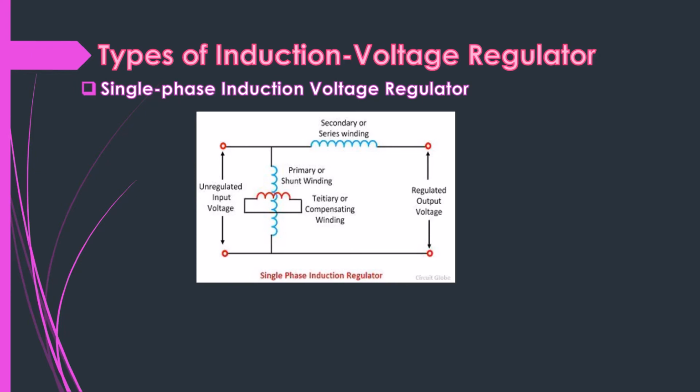If the rotor further rotates, then the direction of the induced EMF becomes negative. Thus the regulator adds or subtracts the circuit voltage depending on the relative position of the two windings of the regulator. Also, the single-phase voltage regulator does not cause any phase shift.